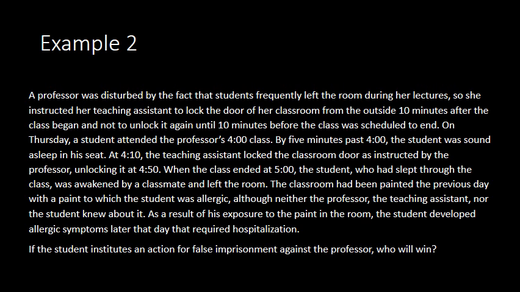So let's take a look at a second example here. Again, going through our approach, we first read the call of the question, which here says, if the student institutes an action for false imprisonment against the professor, who will win? Okay, so here again, we know this is a false imprisonment question, which isn't a surprise.